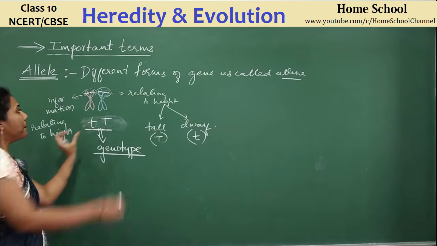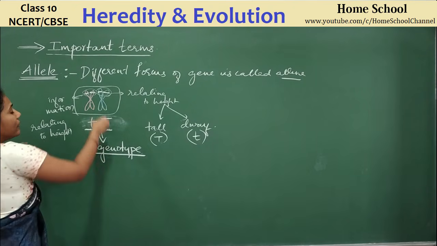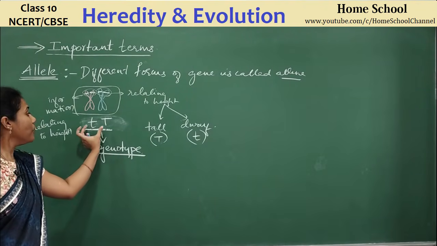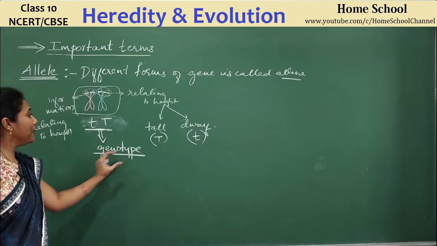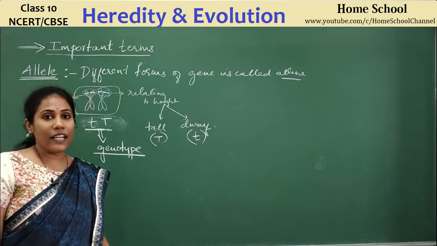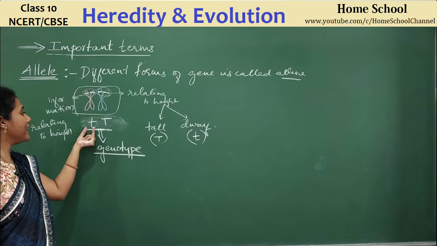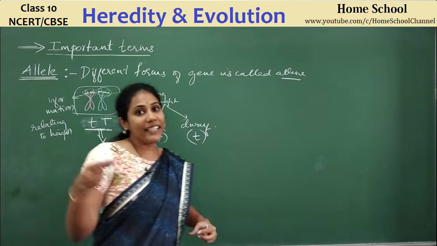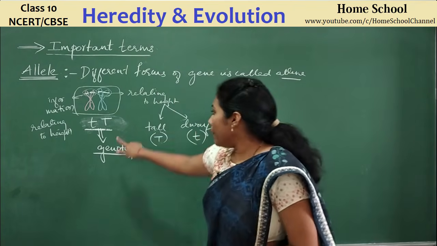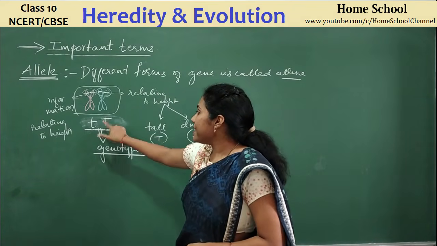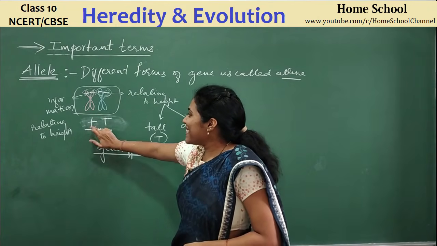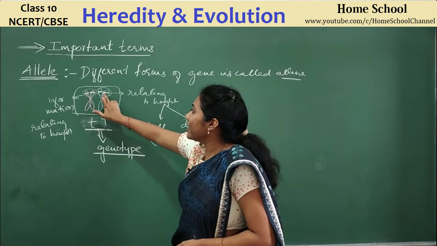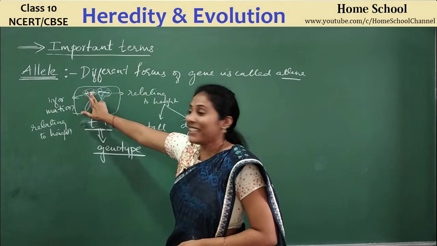So her genetic information relating to height is dwarf, that is short, small t. This is the genotype of a baby's DNA relating to height. By looking at the genotype, you can tell whether a baby will be tall or dwarf. Genotype is capital T, small t. Whichever gene is dominant, that only will get expressed in a baby. Capital T is the dominant one. It suppresses this particular gene, it demotivates it.